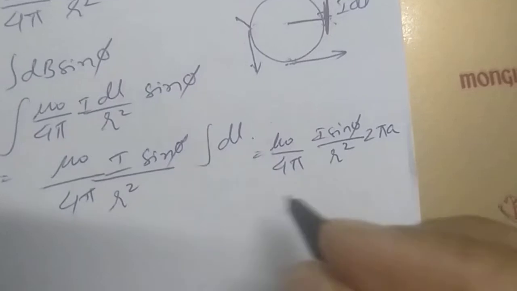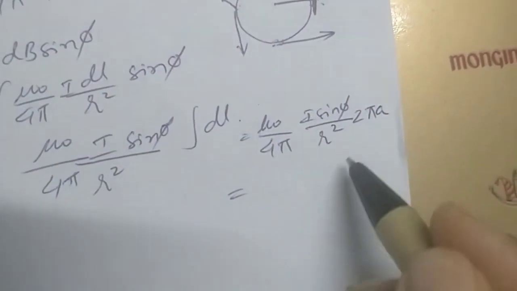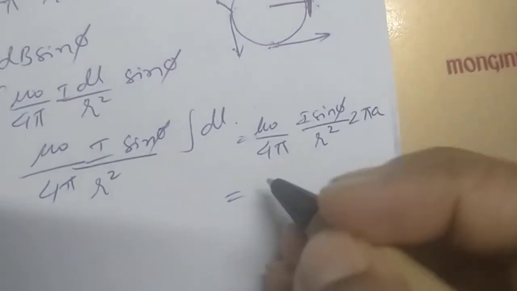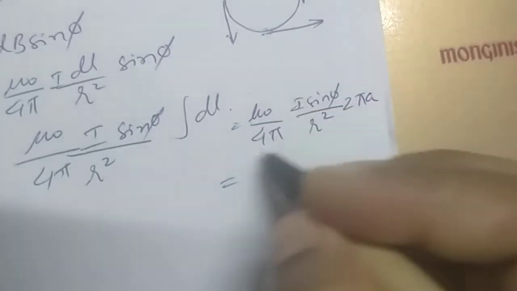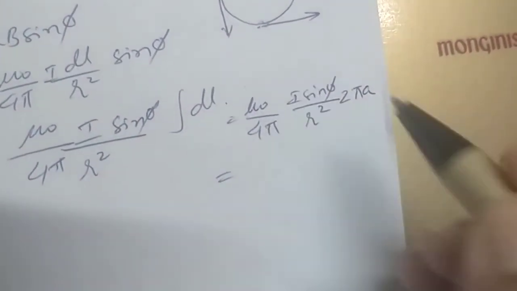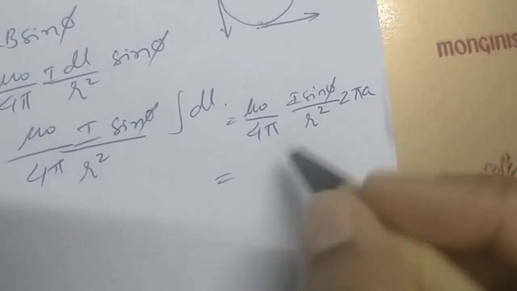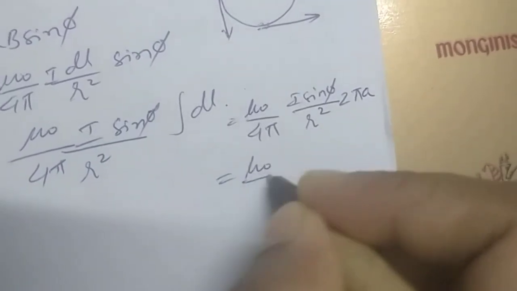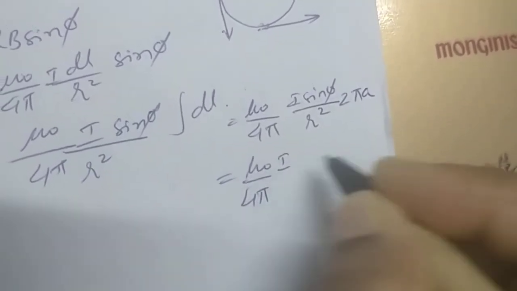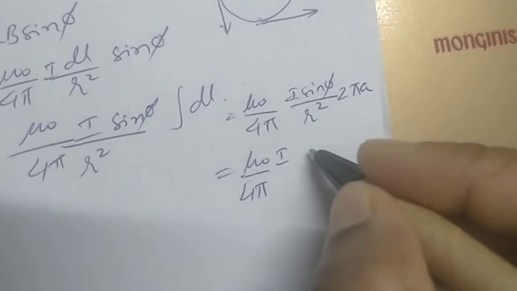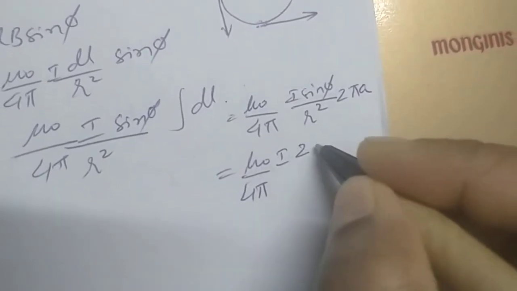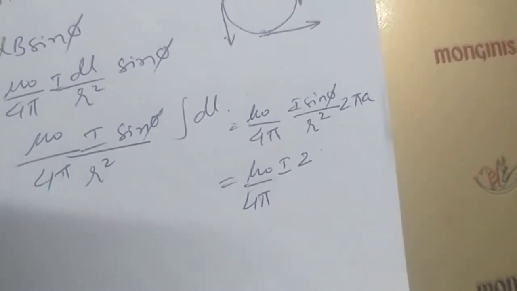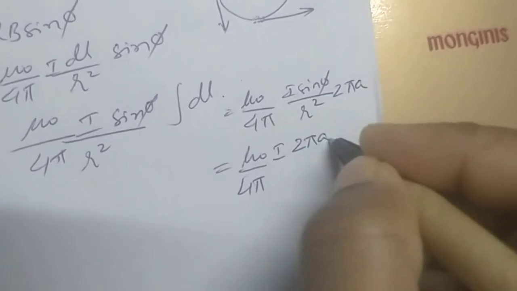The integral of dl will be the circumference of this loop, 2πa. So μ0 by 4π, I sin phi by r squared, into 2πa.